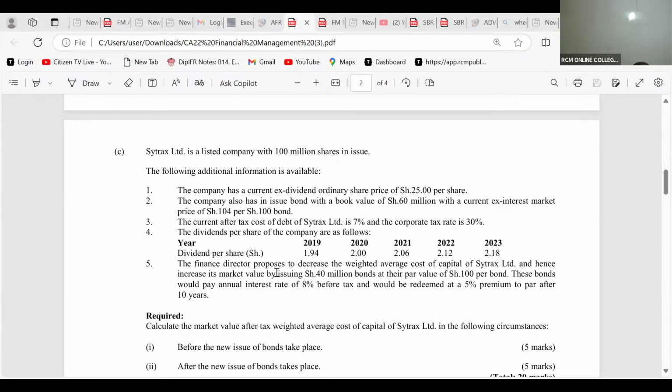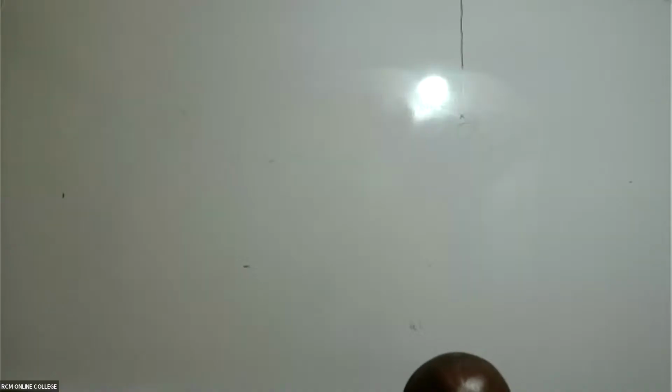The finance director proposes to decrease the WACC of Conly Limited and hence increase its market value by issuing 40 million bonds at their par value of 100 million. These bonds would pay annual interest rate of 8% before tax and would be redeemed at 5% premium to par after 10 years. So then this is cost of a redeemable bond.